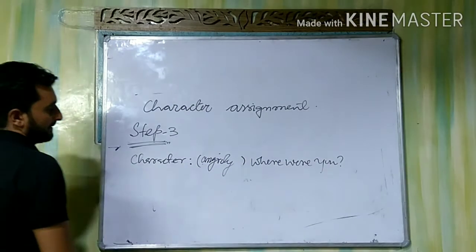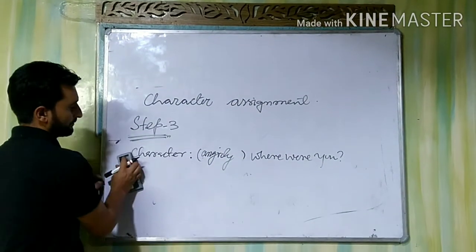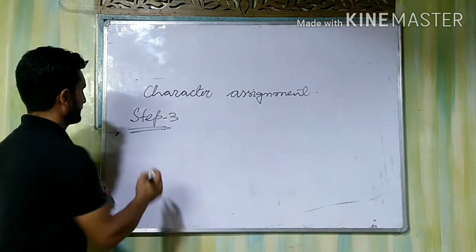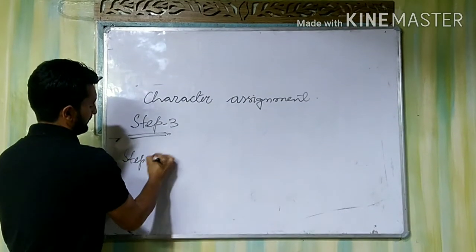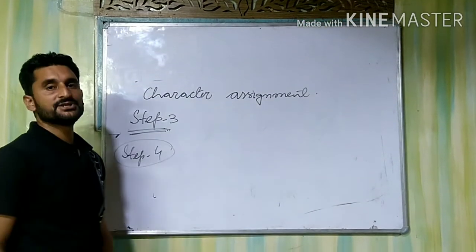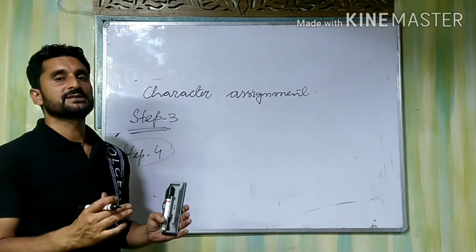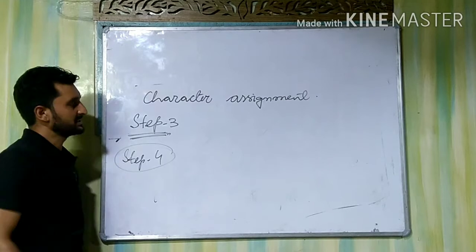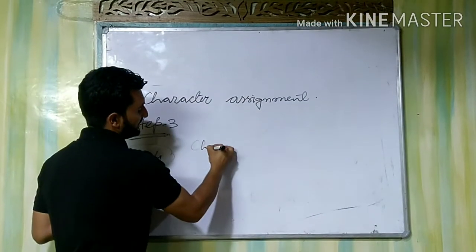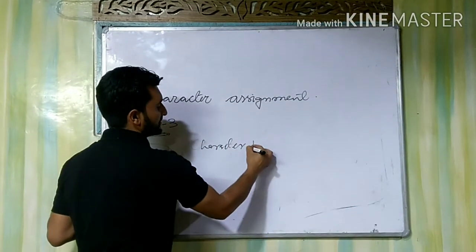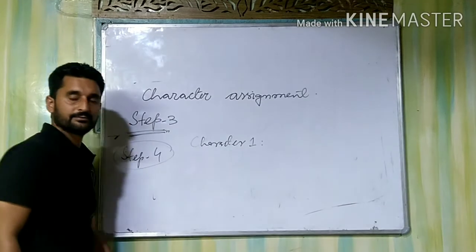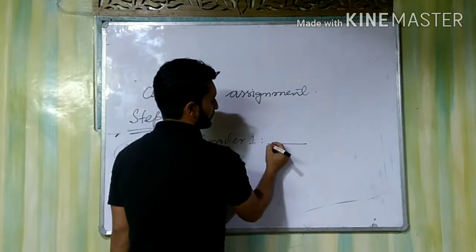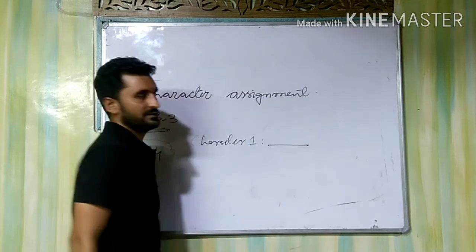Next step, Step 4. Each dialogue should be started on a fresh line. What does that mean? If character 1 speaks, the dialogue goes from this position to this and is finished.